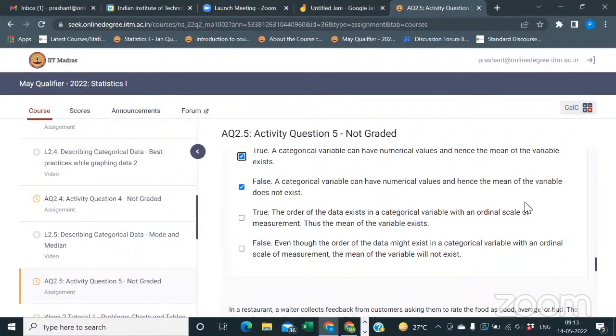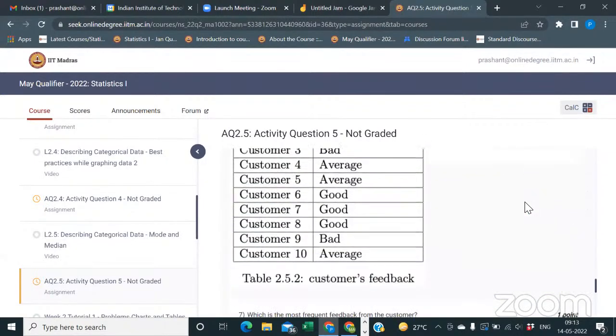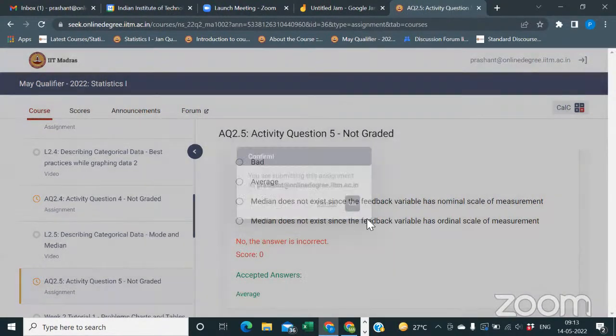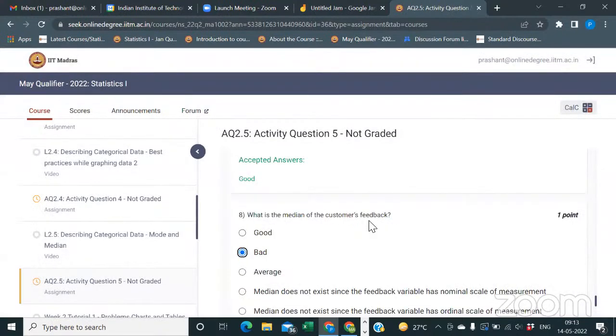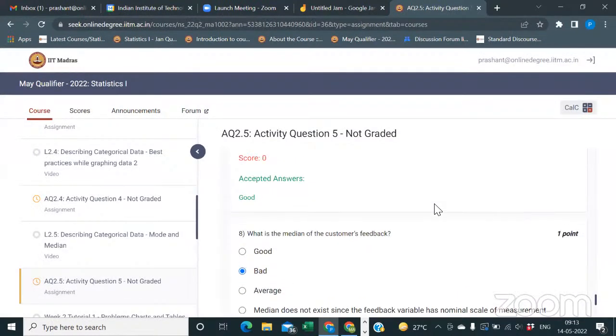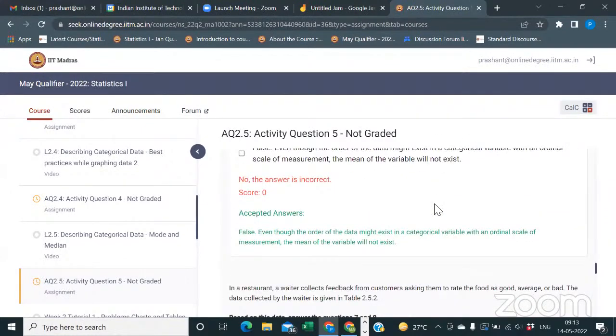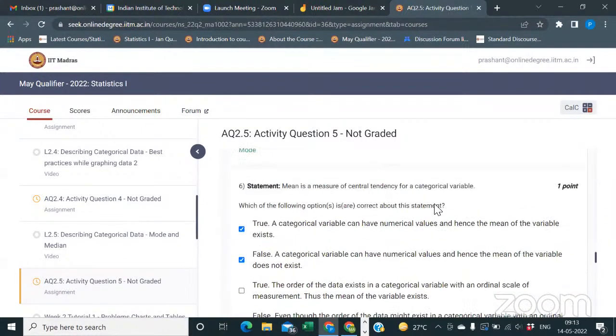In a categorical variable, you can order the data. But the mean of that variable will not exist. Simple thing: you cannot calculate the mean for a categorical variable. This statement is already false.